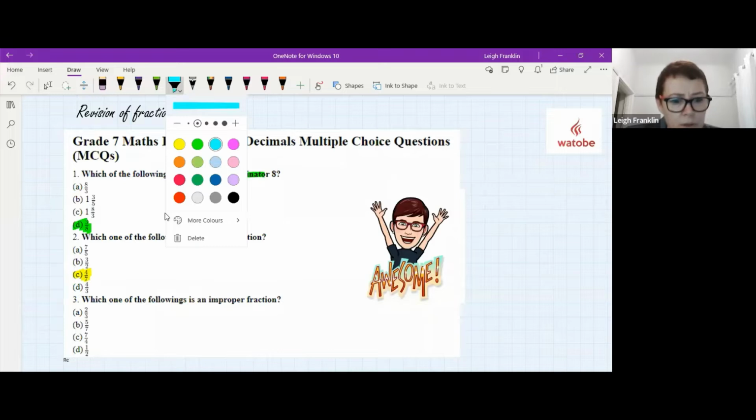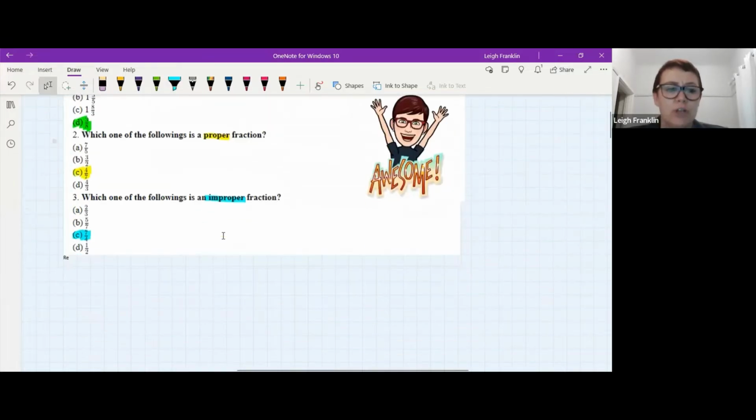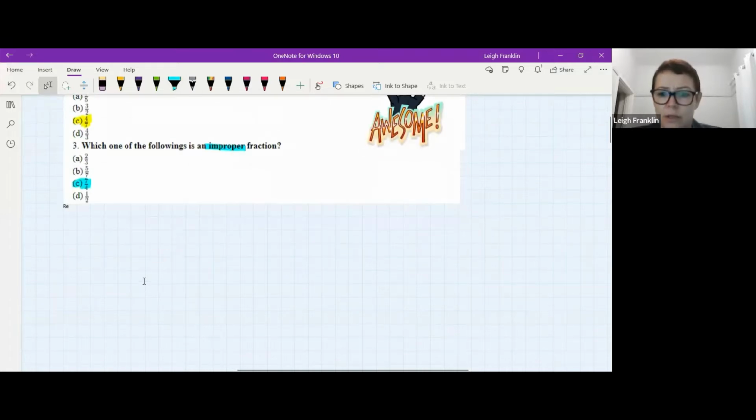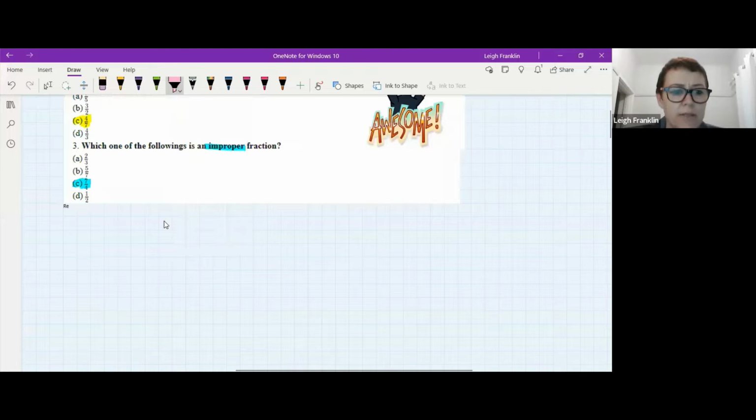Okay, Asimahle, question number 3 is yours. It's C. Okay, and what were you looking for, Asimahle? Improper fraction. Absolutely. So how did you know if a fraction was improper or not? What would you need to look at? You look at the denominator. And what's the story with the denominator compared to the numerator?